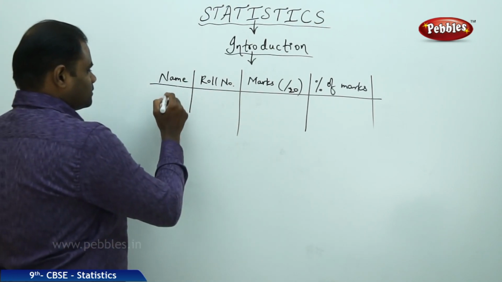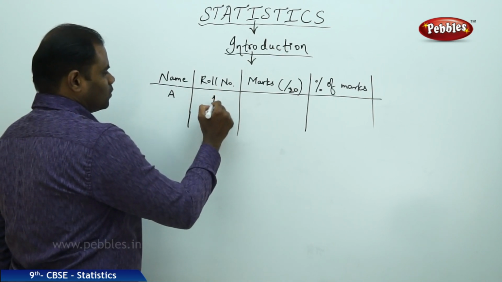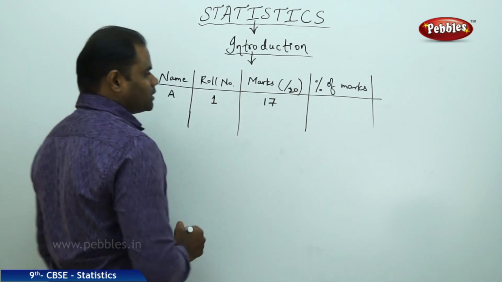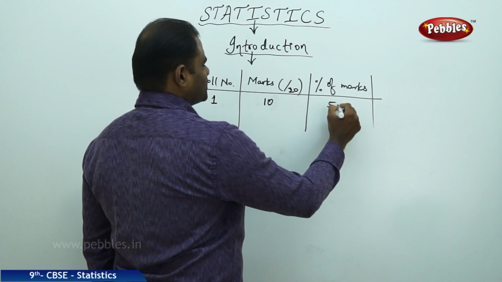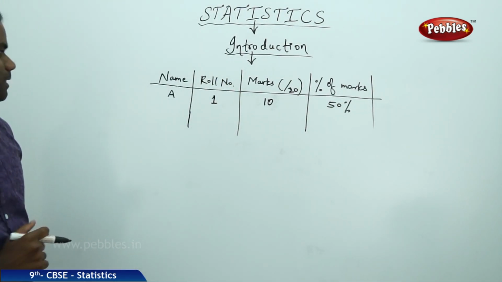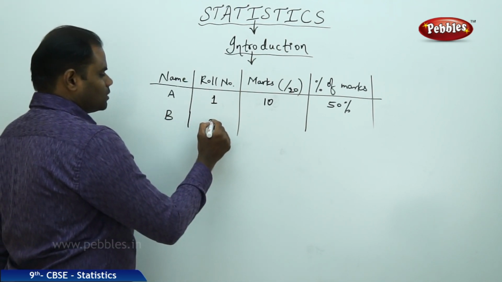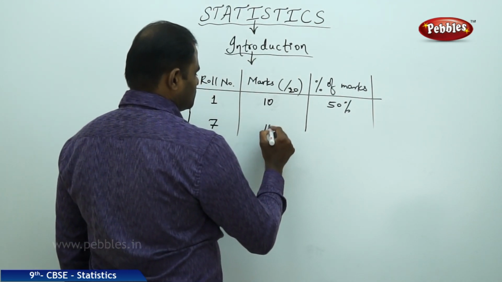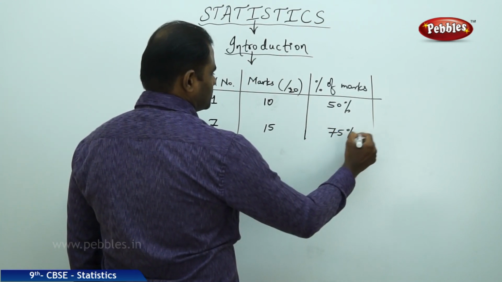Say a student with name A and roll number 1 has got the marks 10 out of 20, and his percentage is 50% of 100. And say student B, whose roll number is 7, has got 15 marks out of 20 and his percentage is 75%.